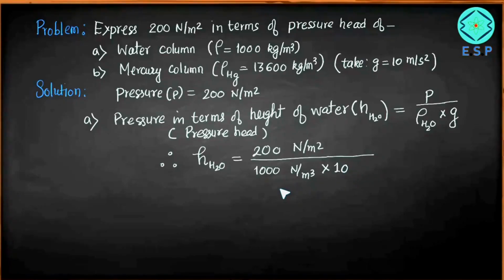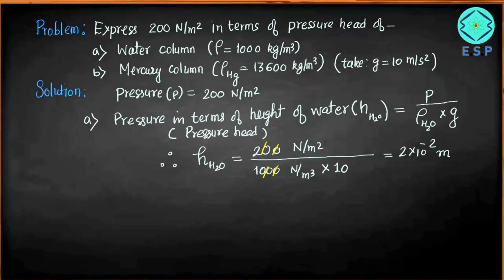If I simplify this whole thing, two zeros are getting cancelled out here, so down we have two zeros. So 2 by 100. That will be, friends, 2 into 10 raised to minus 2 meters of water column.